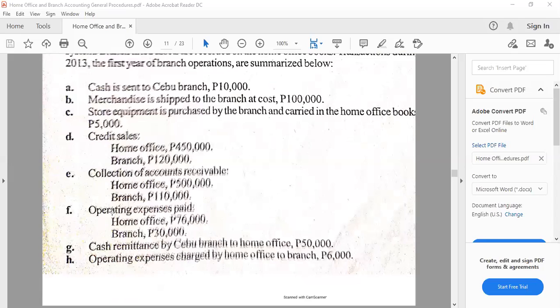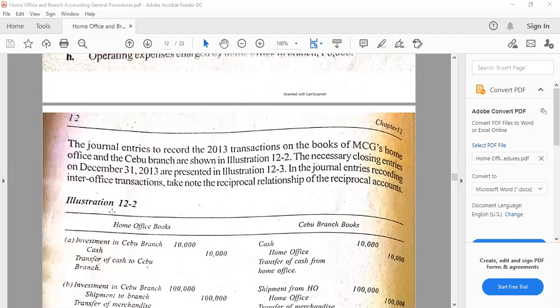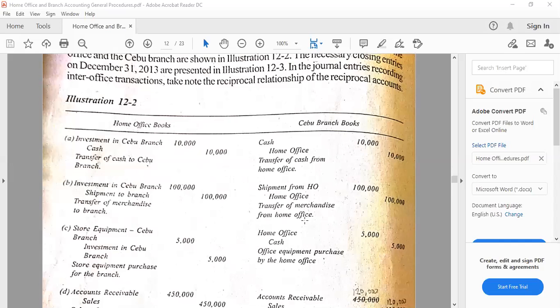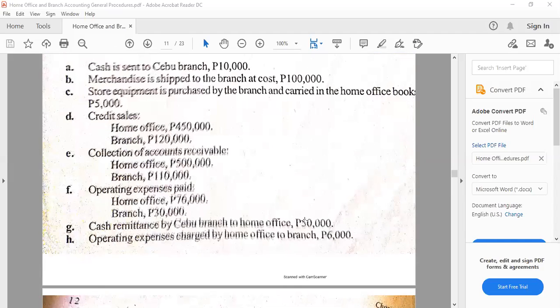Next, letter D, the credit sales. So these are the individual sales of each. So we are going to debit accounts receivable, credit sales for each entity. So it is 450,000 and 120,000 respectively for home office books and Cebu branch books.